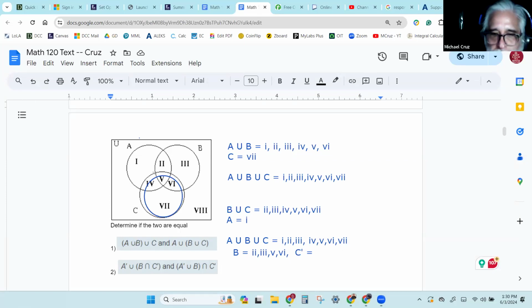So that's going to be 1, 2, 3, and 8. I'm sorry, 7. Yeah, 1, 2, 3, and 8. 4, 5, 6, and 7 are inside of C. So this is C complement. All right, that's C complement.